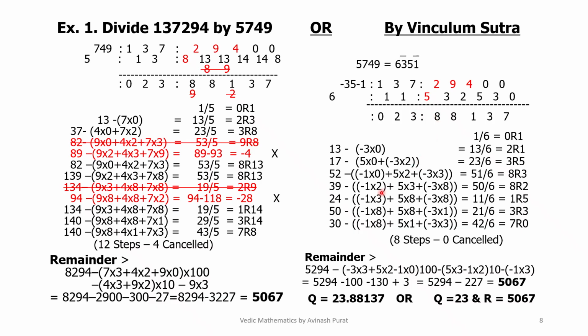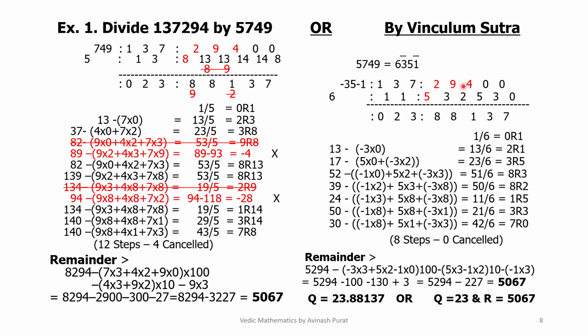That gives minus 2, that becomes plus 2. This is 15. 24 plus 2 is 26, minus 15 is 11. So 39 plus 11 equal to 50 by 6, equal to 8 and remainder 2.